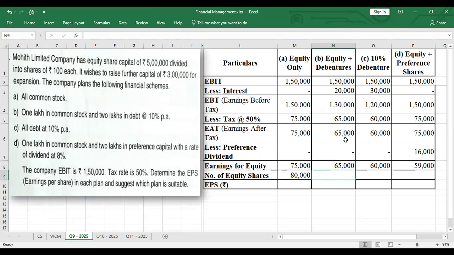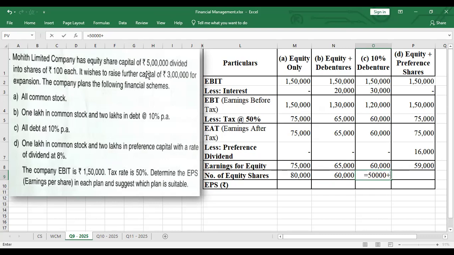Next one, plan B, 1 lakh common stock. Initially they are having 50,000 as equity. Older equity is 50, plus in new additional, how many shares? 10,000. That is 1 lakh divided by 100. So 60,000 shares.